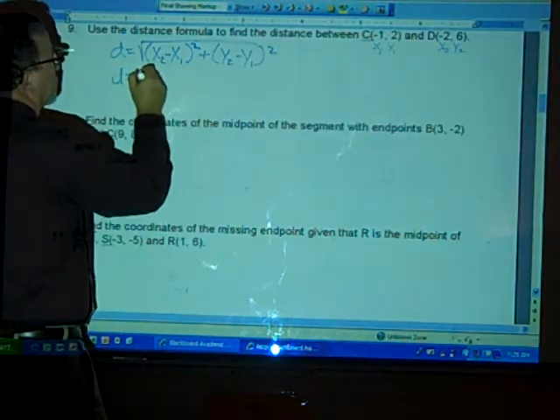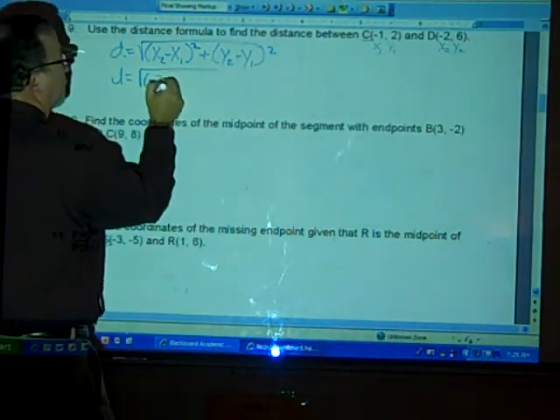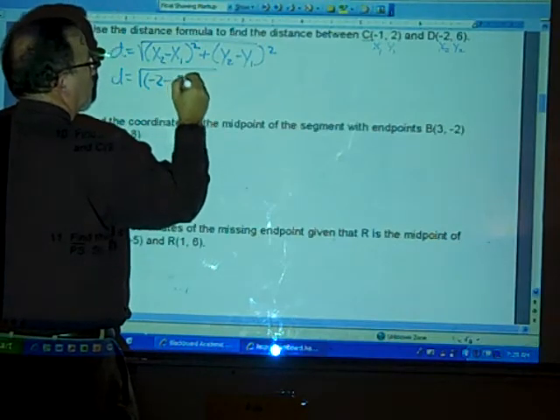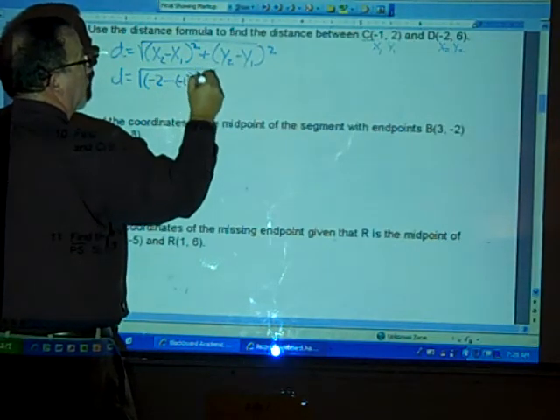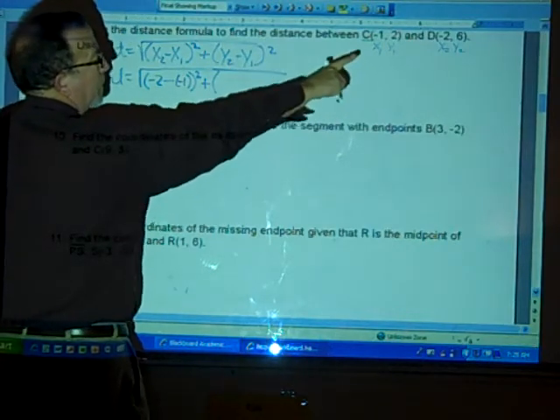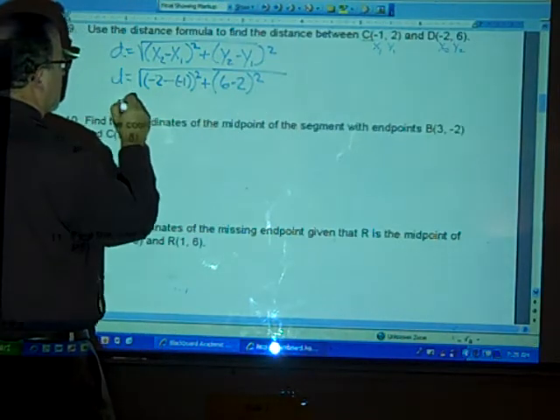So d equals the square root, parentheses, x2 is -2 minus a -1. And that quantity is squared plus y2 is 6, y1 is 2, so 6 minus 2, that is squared.